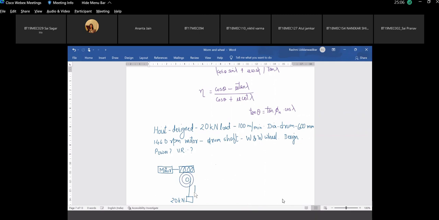This linear speed is given as 100 meters per minute.